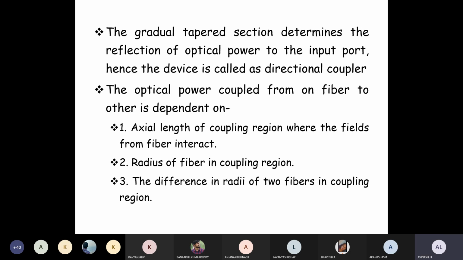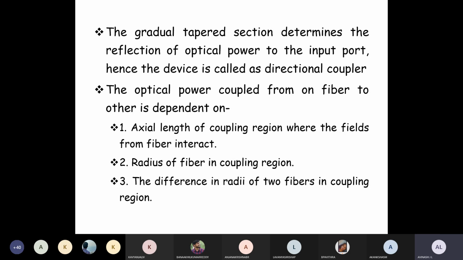Please make a note of this. The first parameter is the axial length of the coupling region, the second is the radius of the fiber, and the third is the difference in the radii of two fibers.